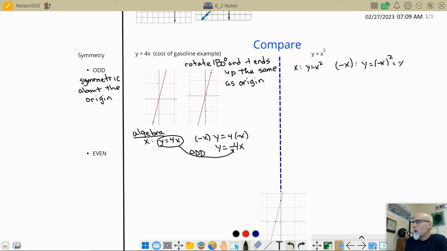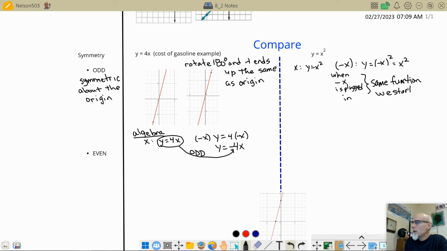Well, it becomes positive x squared. So this shows that when negative x is plugged in, you get the same function we started with.